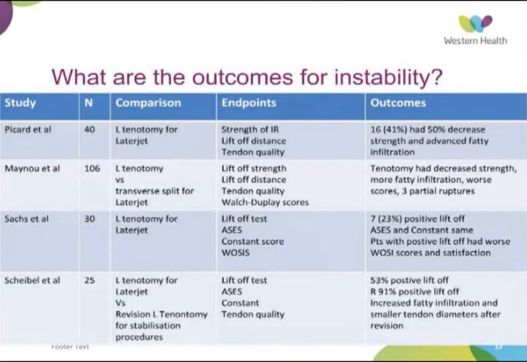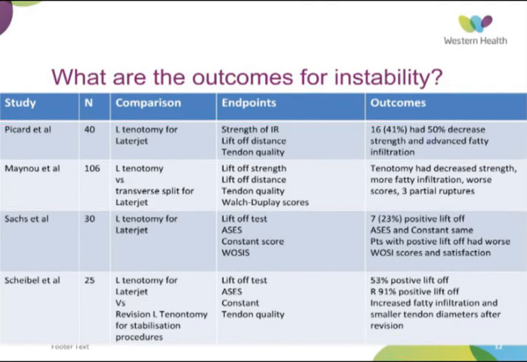And so after doing your tenotomy for subscapularis, what are the results? And the answer to that seems to vary depending on what procedure you're doing. So small numbers, observational studies, some are simply cohort studies, some are case cohort studies comparing, say, the L-shaped tenotomy versus a transverse split.